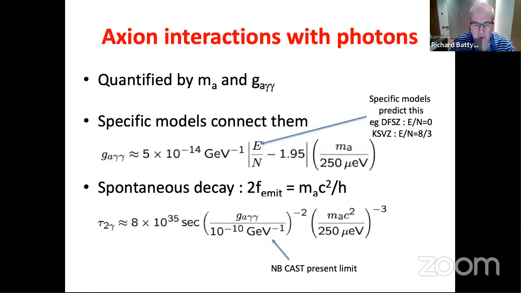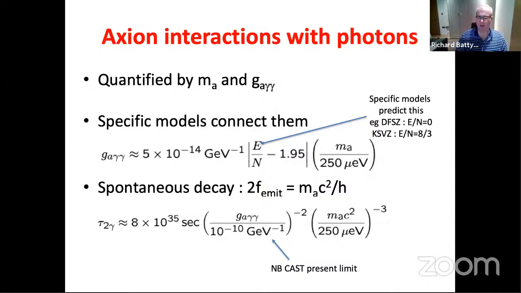The axion will spontaneously decay into two photons and create a photon whose frequency is half the rest mass energy of the axion divided by the Planck constant.